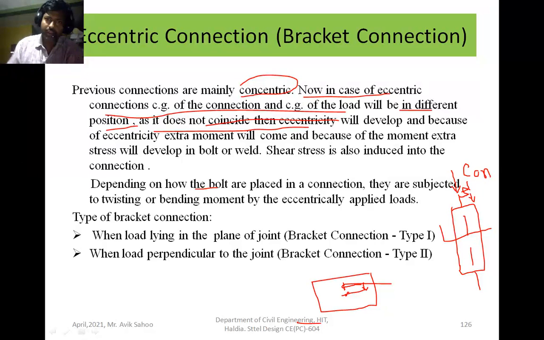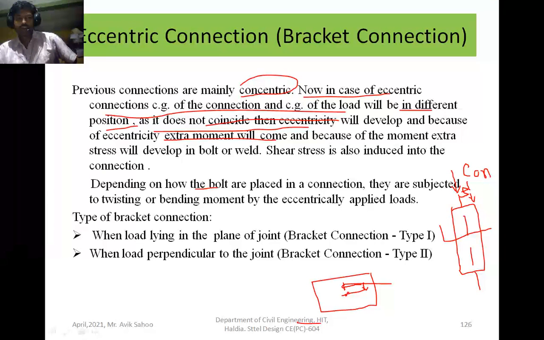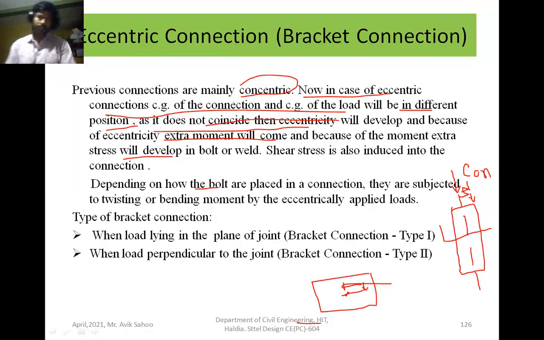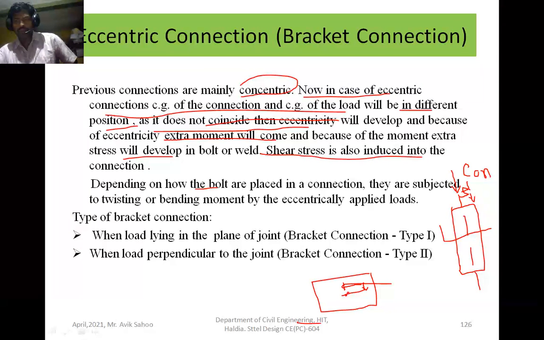That's why the eccentricity comes, and because of this eccentricity, extra moment will develop. Because of the moment, extra stresses will develop. The moment creates stresses in the bolt or weld. So shear stress is also induced into the connection. So on the bolt, this force is also transferred.